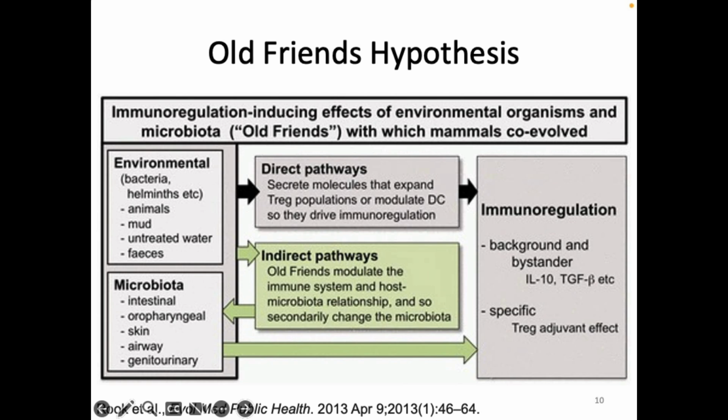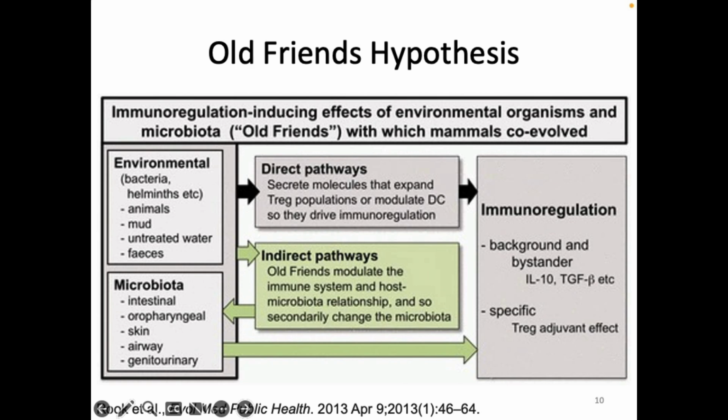And so those things, whether they are bacteria, helminths, or other types of environmental factors, may have resulted in us making a particular type of immune response. More often we're thinking about the idea that perhaps our old friends induce a lot more of a Treg response.